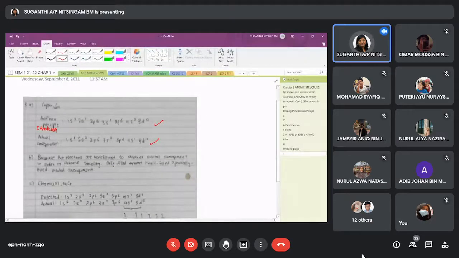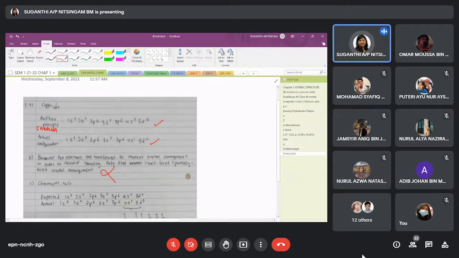So because the electrons are transferred to another orbital, arrangement ke? In order to achieve stability, fully filled, that one more stable than half filled. Partial. Okay. Kenapa salah?